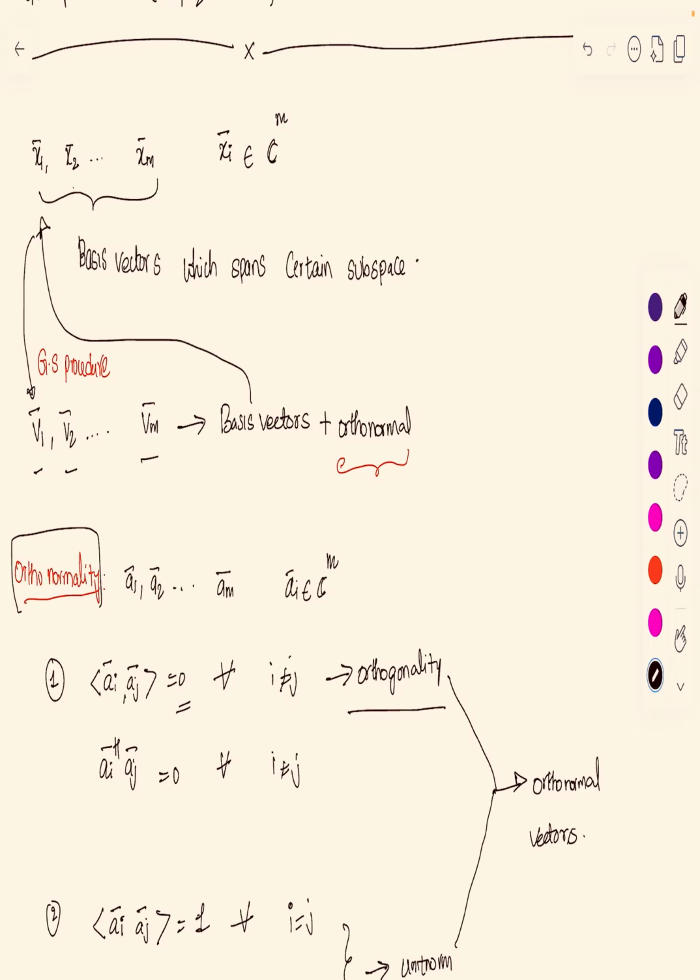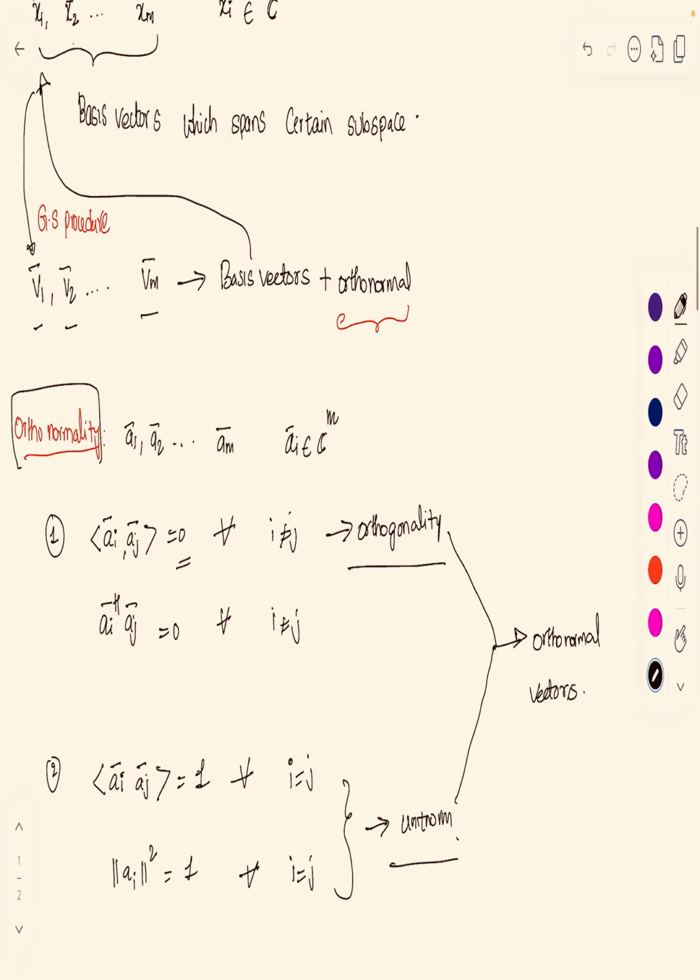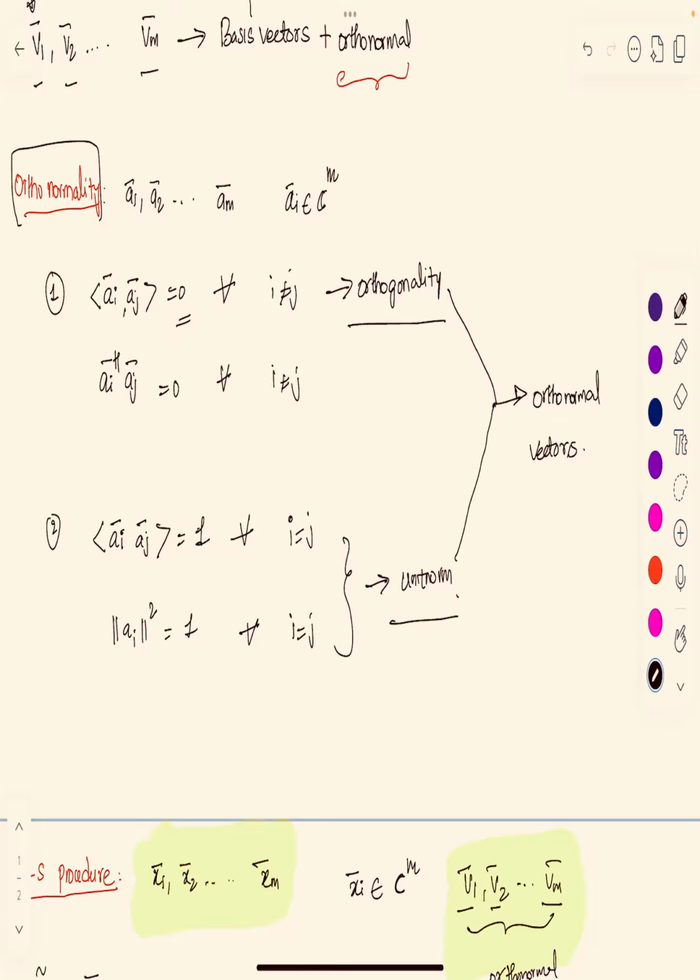For that we used the GS procedure, which is shorthand for the Gram-Schmidt procedure, and we defined orthonormality. Orthonormality has two conditions. The first condition is that they have to be orthogonal, meaning the inner product of two distinct vectors in the vector set should be 0 if the index is not matching. If the index is the same, then it should be 1. This ensures the unit norm. If both are satisfied, we call them orthonormal vectors.